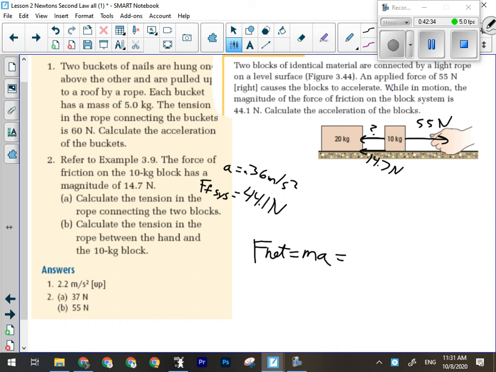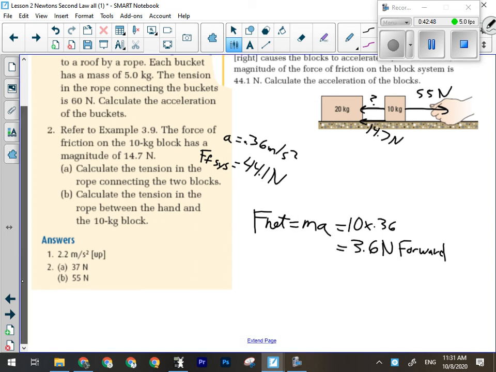I'm going to take the mass, 10 kilograms, multiply by the acceleration, 0.36, and know that my net force is 3.6 newtons forward. That's my net force. Now I'm going to go back to my free body diagram. F net is the vector sum of all forces.